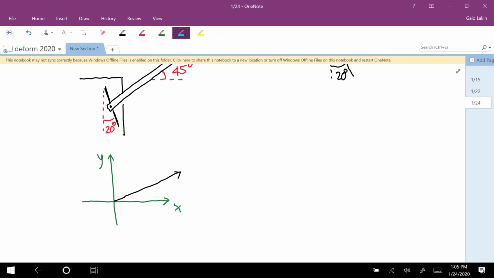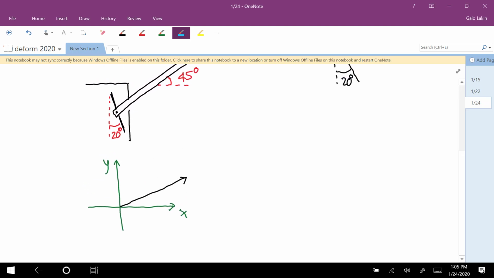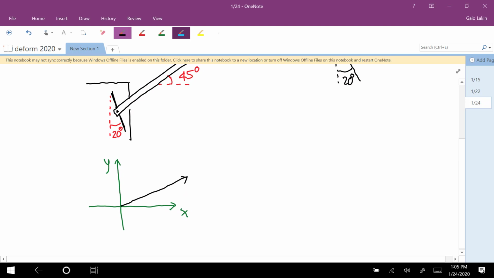The way I recommend doing that is first look at whatever angle it gives you, and draw a vector on this coordinate system with its tail at the origin in the direction that's given here. There's the negative y-axis, negative x-axis. If we put the tail at the origin, this 20-degree angle tells us that a vector like this is 20 degrees from the negative y-axis.